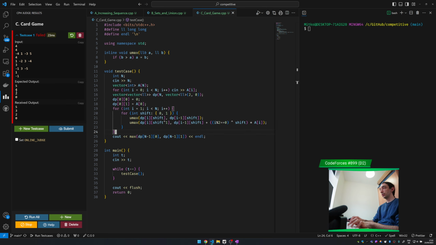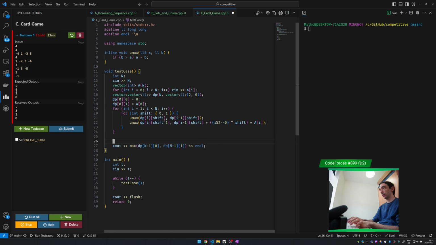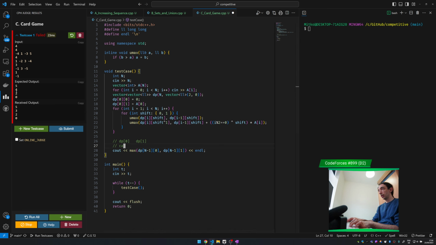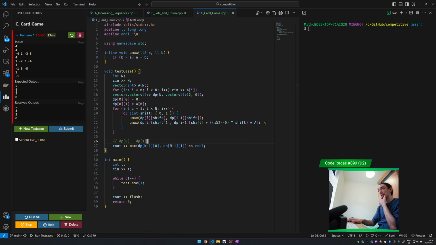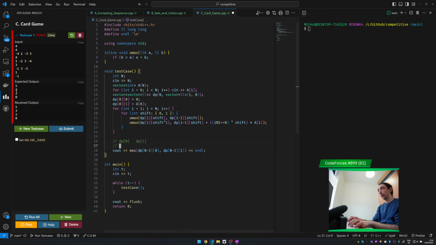Okay, this reminds me of one problem from Yandex or something, where you had to keep two different things. You had to do some DP for the odd things and some DP for the even things. And you had to calculate as if you switch places.